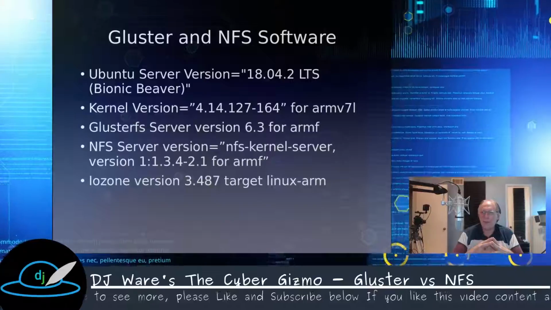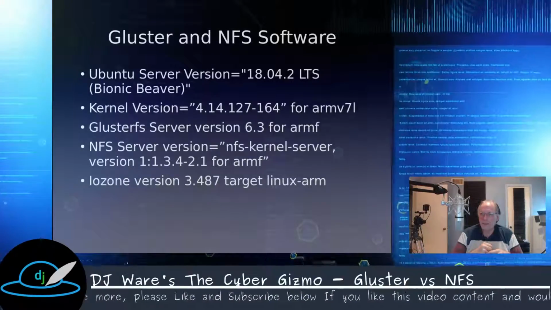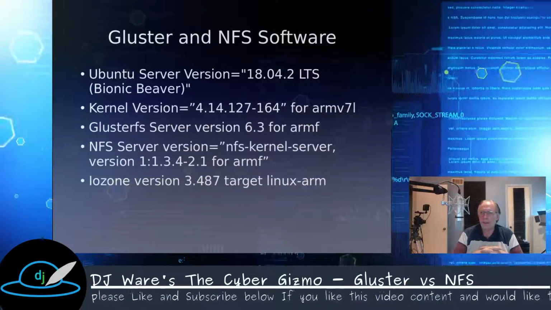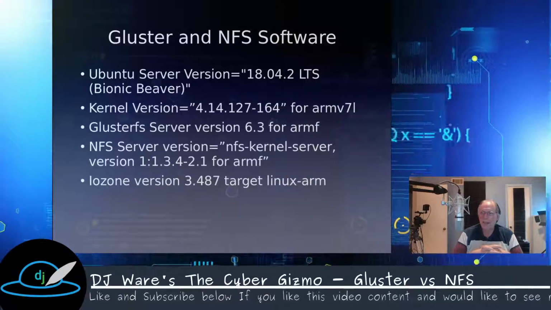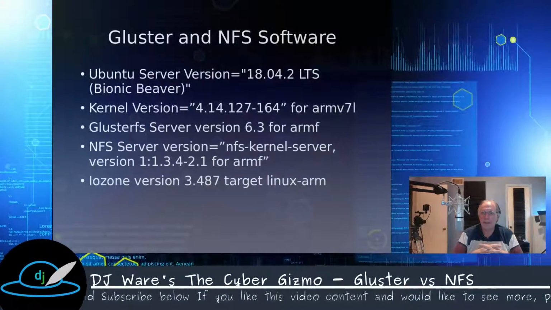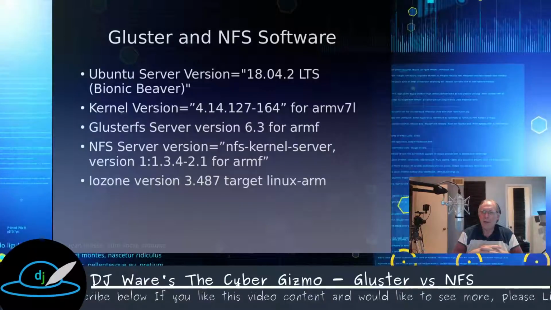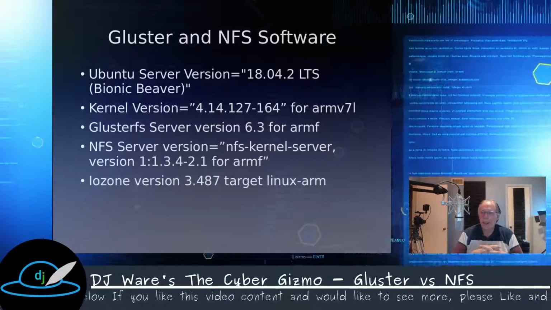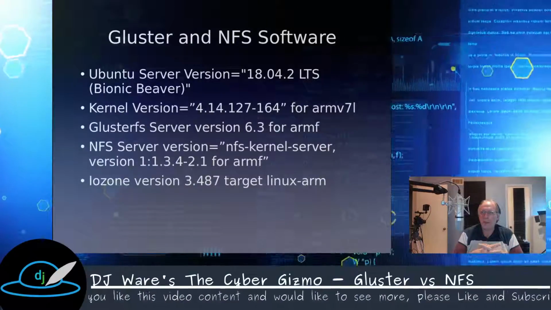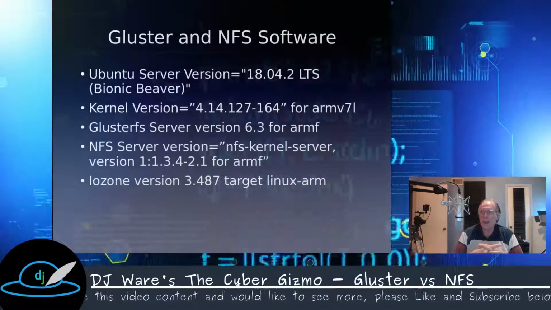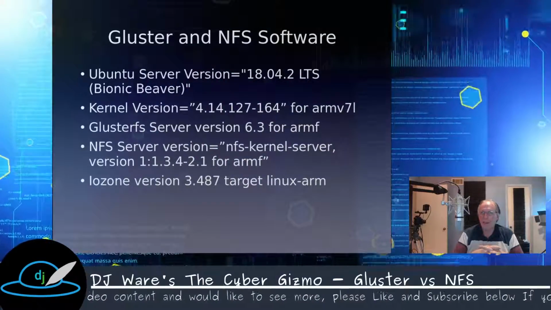The software that we're going to be testing with is the Ubuntu server for ARM, and that's the 18.04.2 LTS version. The kernel is supplied by Odroid, and that's 4.14.127-164, and that's compiled for ARMv7l.